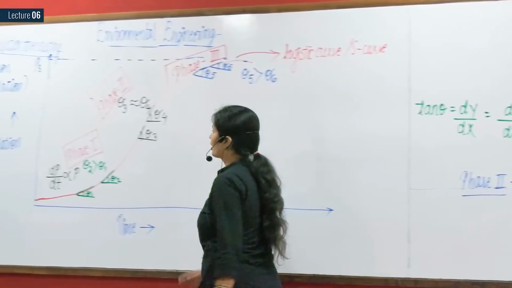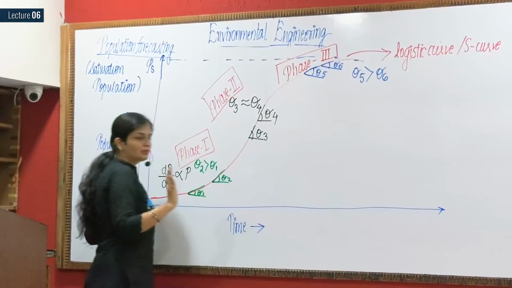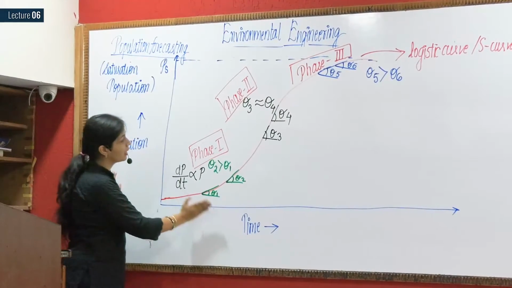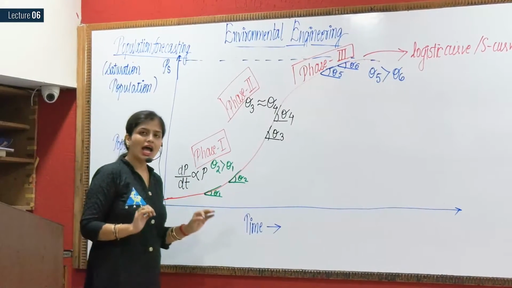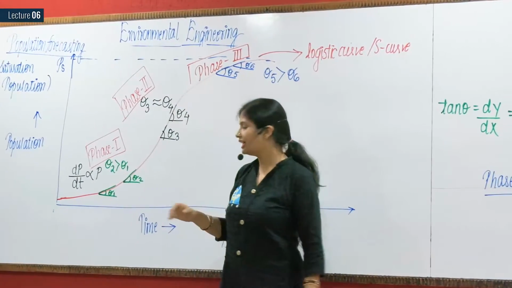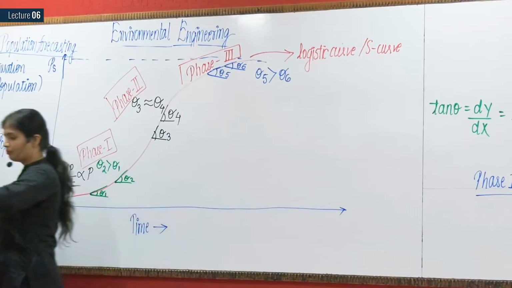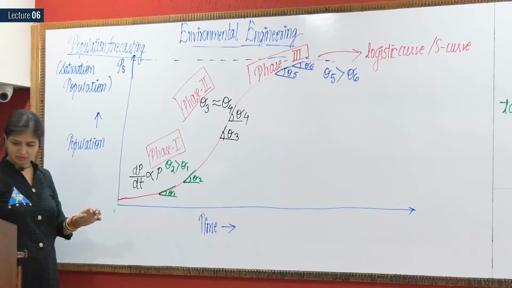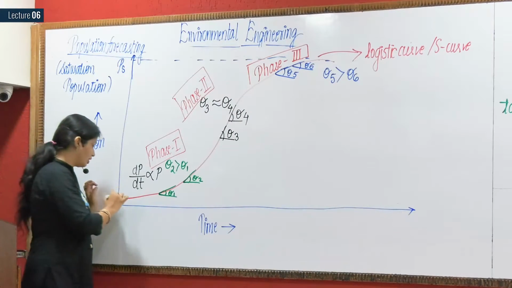So now, here, I explained the population with time. Now, I'll explain how this dp by dt varies. See, I'll take a black color pen.